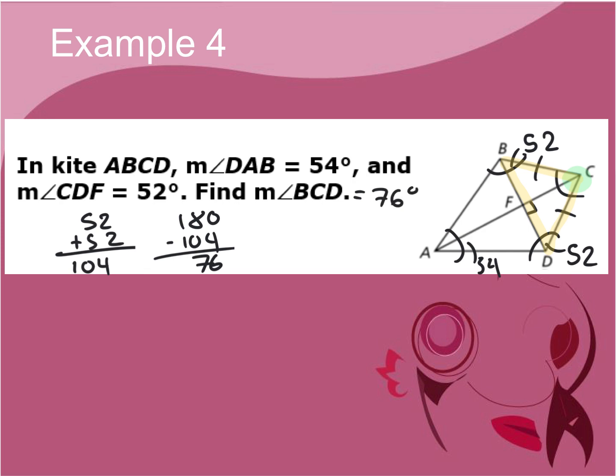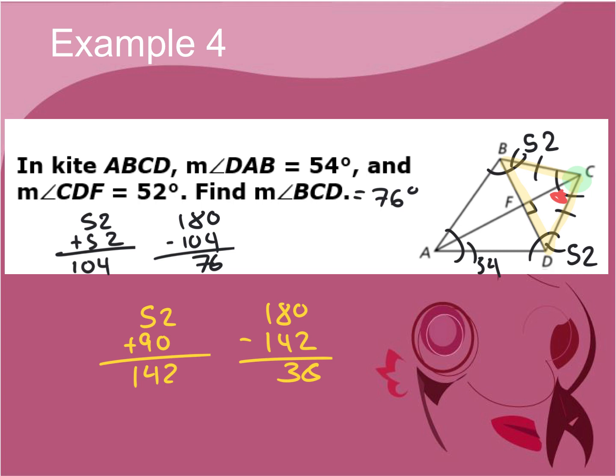Now you can also do it another way, which is 52 plus 90. Remember that we can do that because the diagonals of the kite are perfectly perpendicular. So we get 142. We subtract that from 180 and we get 38. Now that 38 is only half of the angle, this part right here, for example.